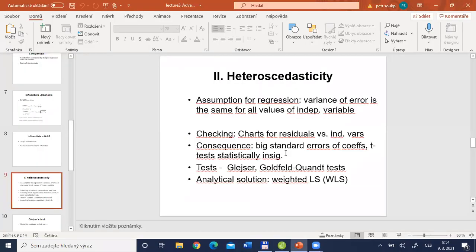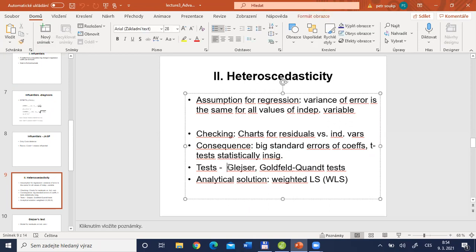There are at least two options, and different software packages offer different testing strategies, but two well-known tests are called Glejser and the Goldfeld-Quandt test. We would discuss only the Glejser test, as it is the easiest way to implement in JASP.